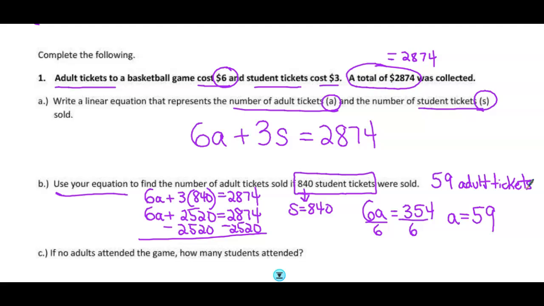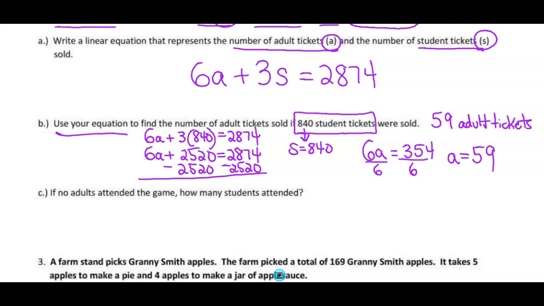The next one has no numbers in it when we look at it. It says if no adults attended the game, how many students attended? Well, you have to realize no adults is a 0, and that is A. So you sub it back in. 6 times 0 plus 3S equals 2,874.